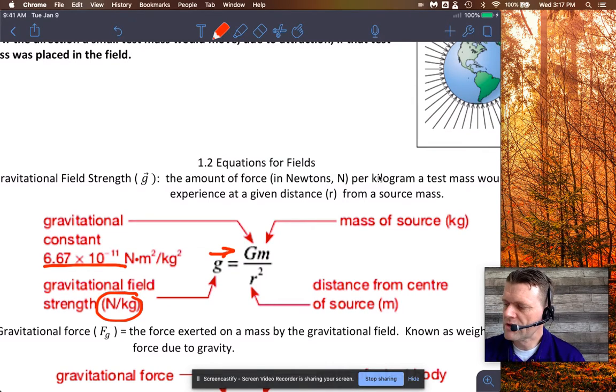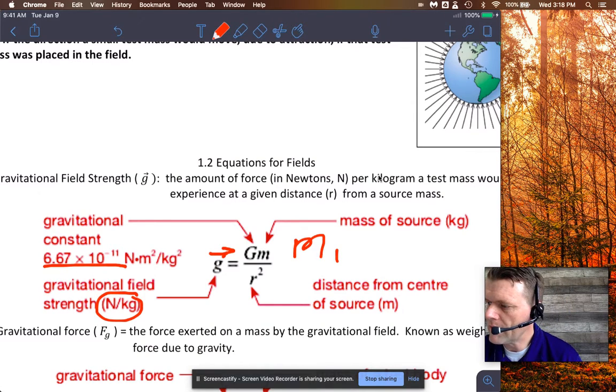The mass of the source, I have written in other equations as big M1, just to remind yourself that it's the big mass, the planet, not the mass of the person standing on the planet. However you want to remember that, they call this the mass of the source.